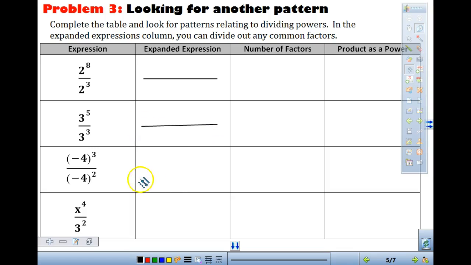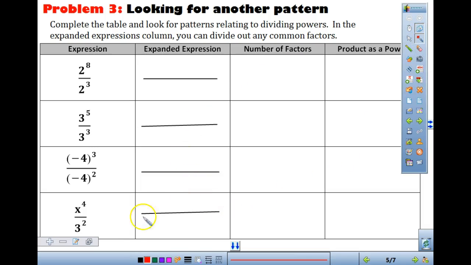Do the next one, put your 3's. When you do the third one down, I need those to be in parentheses, okay? So there's a big difference if you use the parentheses or not. So this first one, yep, 1, 2, 3. All right, I'm showing the 8 2's over 3 2's.